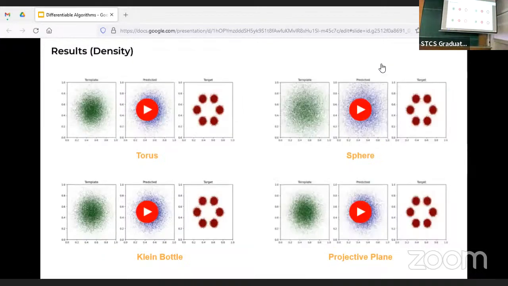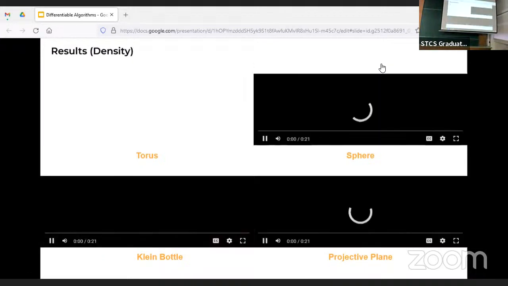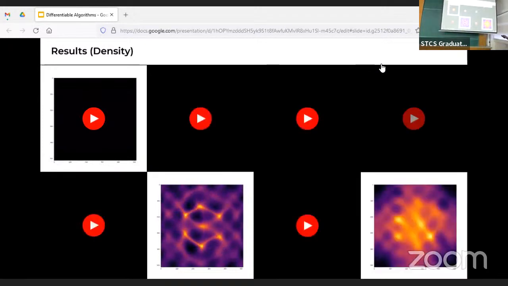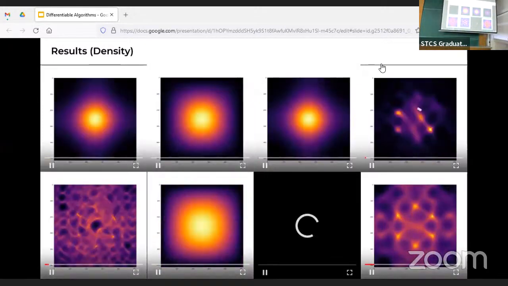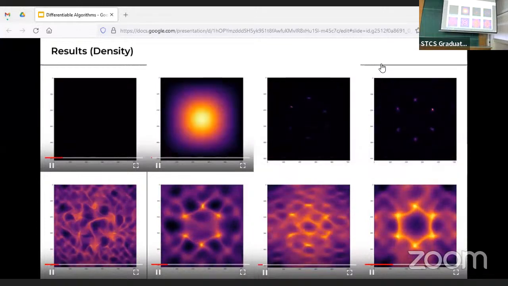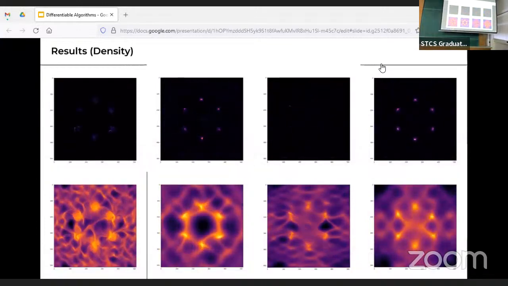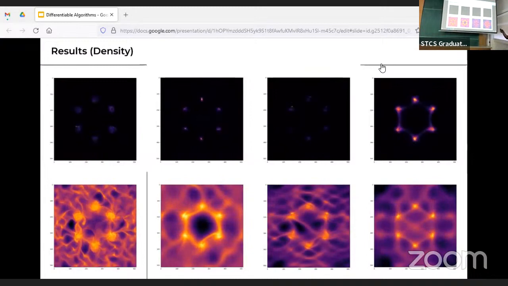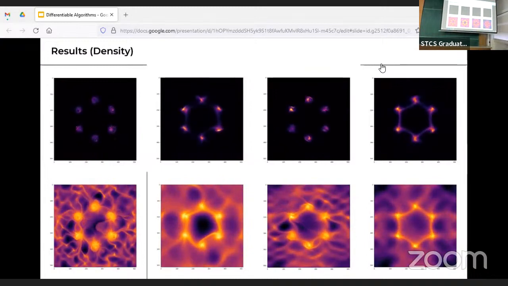Here we have 6 Gaussians. For all the 4 cases, the top one is probability and the bottom one is log probability. It tries to learn a 6 Gaussian density. A single template Gaussian distribution is deformed to fit.